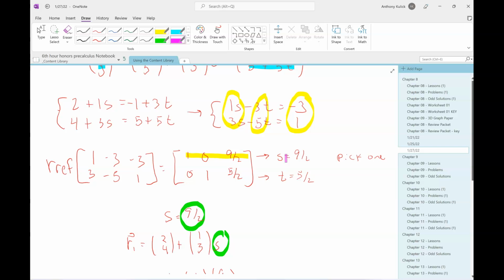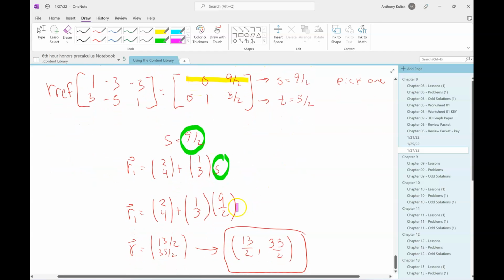Alexis? How did you get the 13 and 35? So 9/2 times 1 is 9/2 plus 2 is 4/2. So 9/2 plus 4/2 is 13/2. And then 9/2 times 3 is 27/2.